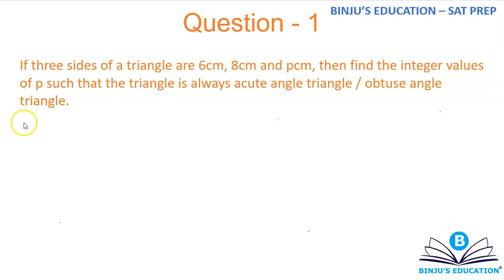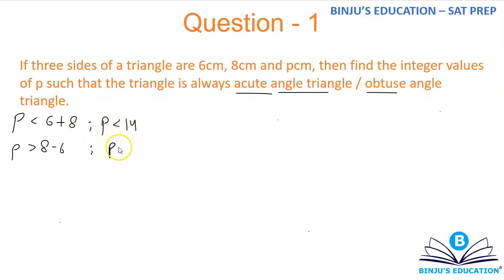So whether you do it for acute or obtuse angle, p has to be less than 6 plus 8 no matter what happens, and p has to be greater than 8 minus 6, which means p has to be less than 14 and p has to be greater than 2. So the only integer values which p can take are from 3 to 13, that is basically 11 values.